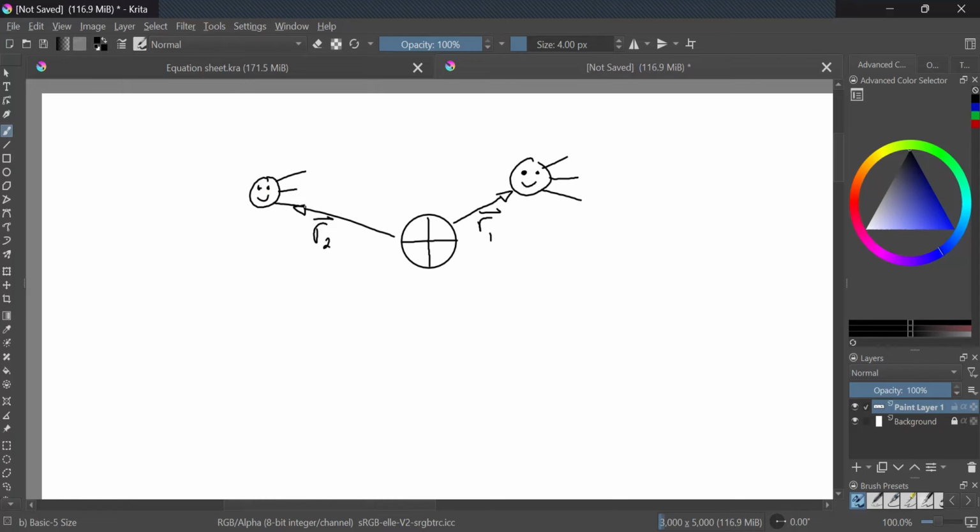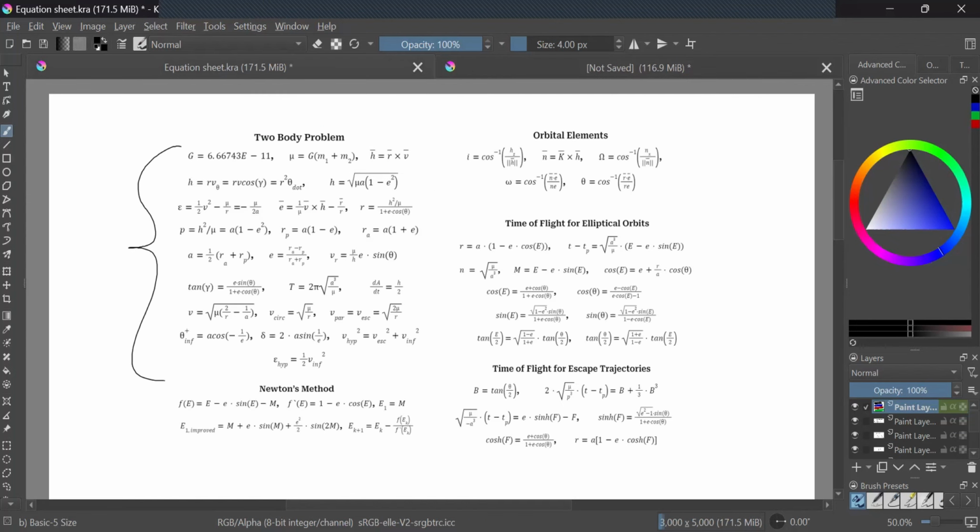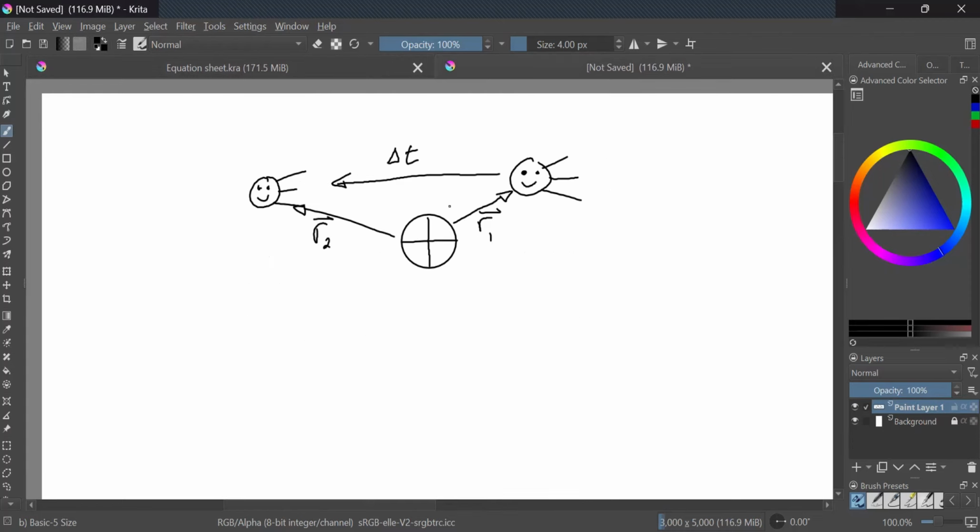If we look at a second position for Sputnik, and we know the amount of time that has passed between them, suddenly we have a problem. Because none of these equations that we have here will actually help us with determining a position, a time of flight, and a second position. This is called Lambert's problem. And this is going to be the topic of discussion for several videos in the series.